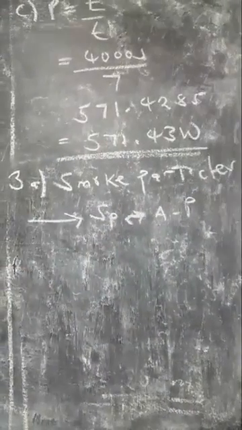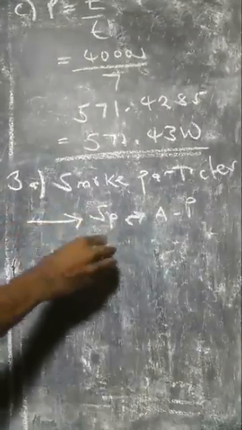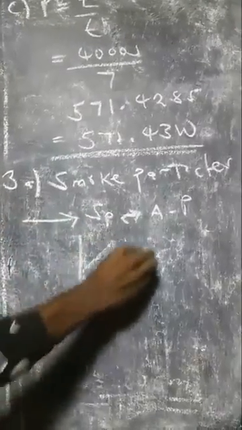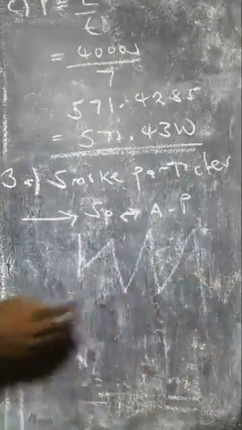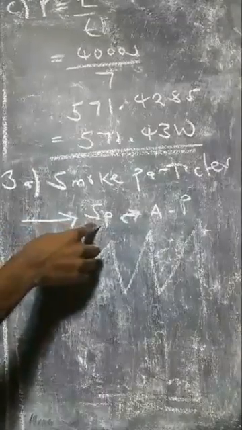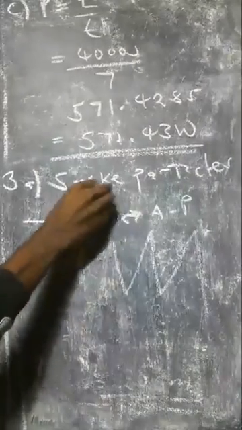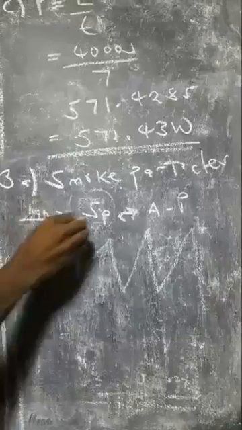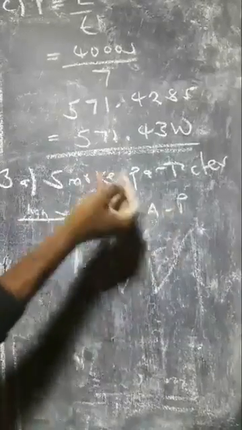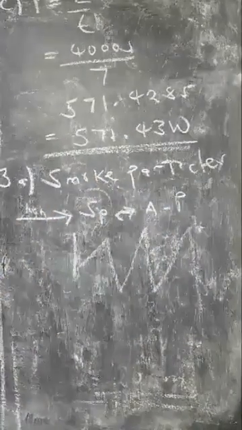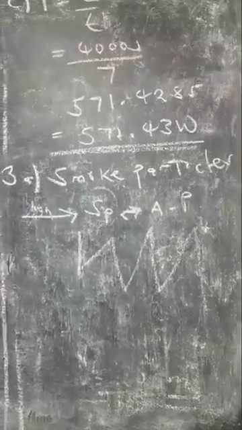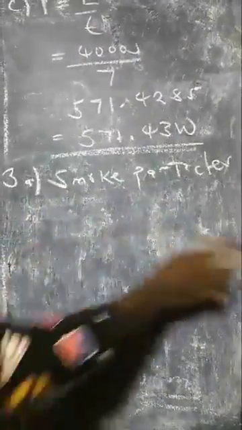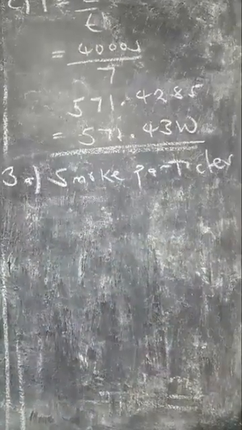Therefore, these guys will form a zigzag motion. So there's a collision between light, smoke, and air particles. Definitely these bright specks are smoke particles.